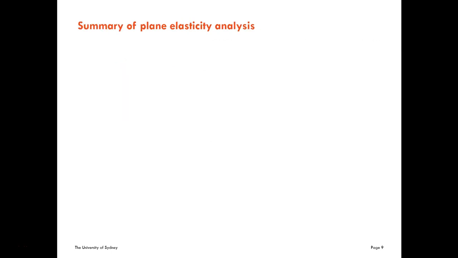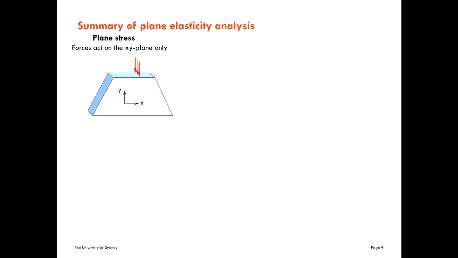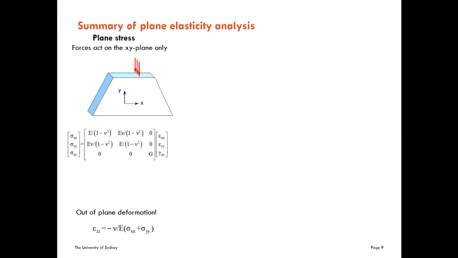In summary, we have 3 different cases of plane elasticity analysis. We have plane stress, which means that the forces act on the xy plane only. It looks like this, and the stress-strain relation is this one. And we have out-of-plane deformations due to the Poisson effect.